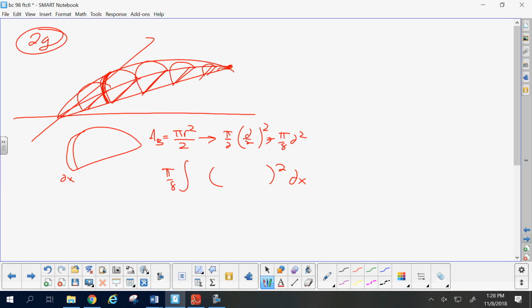Upper is the sine curve, and the lower is the line, pi x over 2. The limits of integration are x-ish, so the x starting point is 0, and ending point is 1. That's what I did for 2G. Do you agree? Okay. All right, how about 3?